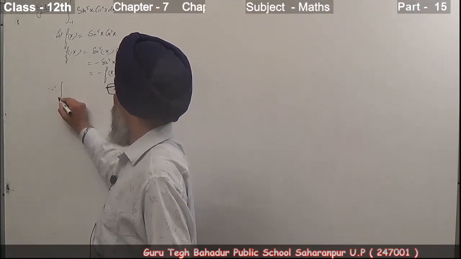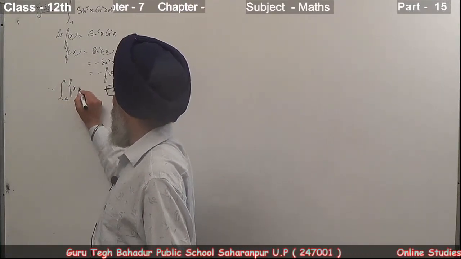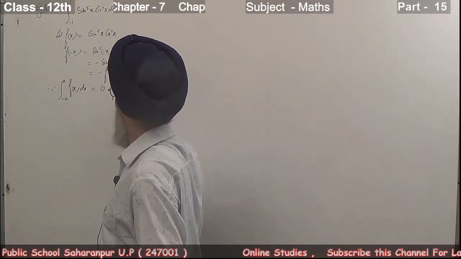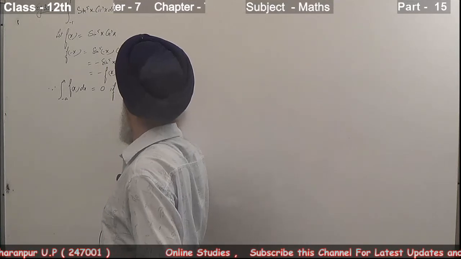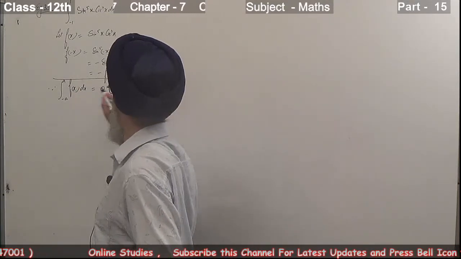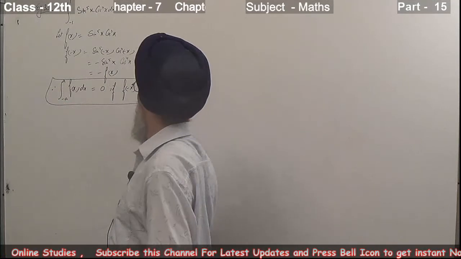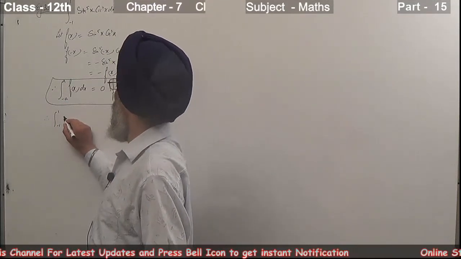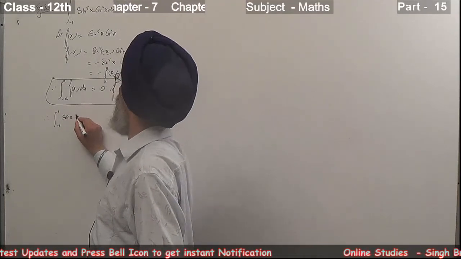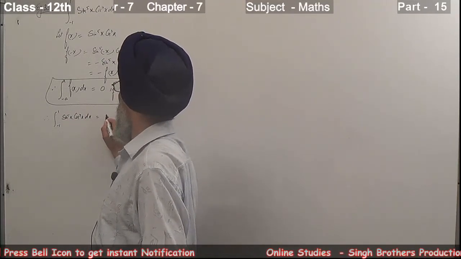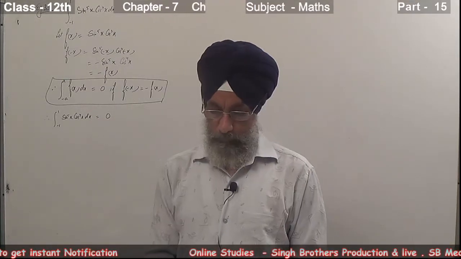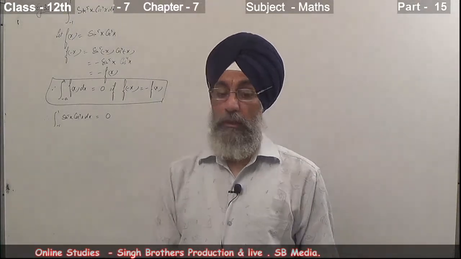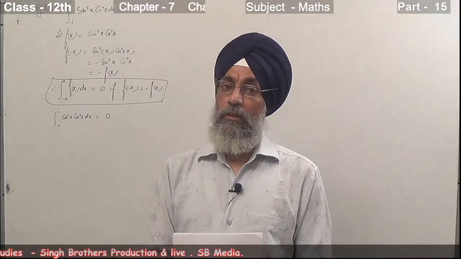Now since the integral from minus a to a of f(x) dx is equal to 0 if f(minus x) is equal to minus f(x), it means that the integration from minus 1 to 1 of sine to the power 5x cos to the power 4x dx is 0. Clear? So by applying the property, we can find the value of the definite integral directly. Here you can see the value is 0.